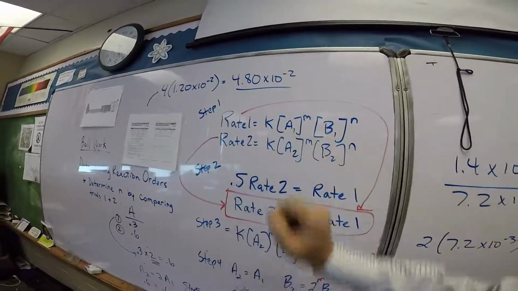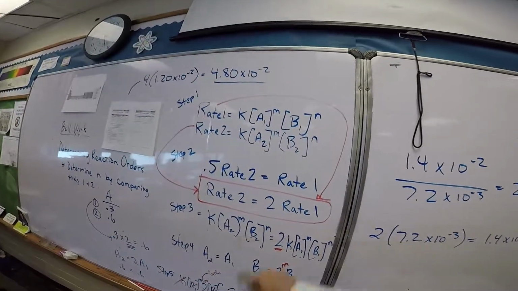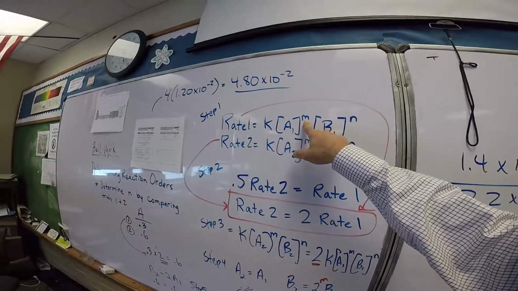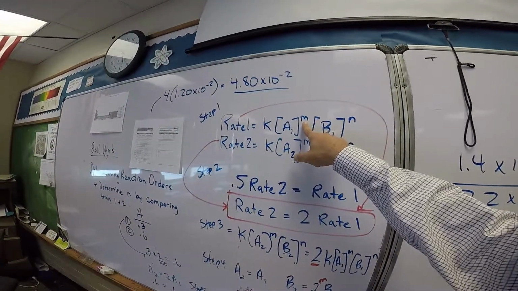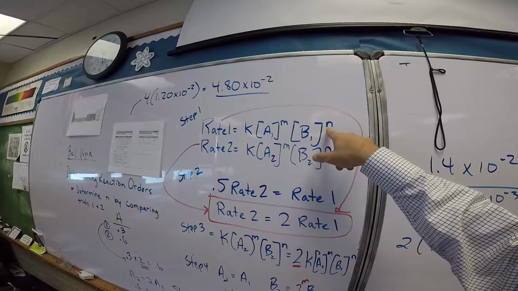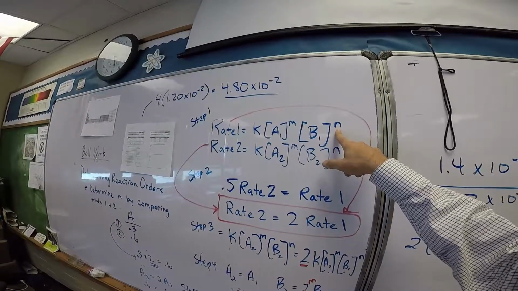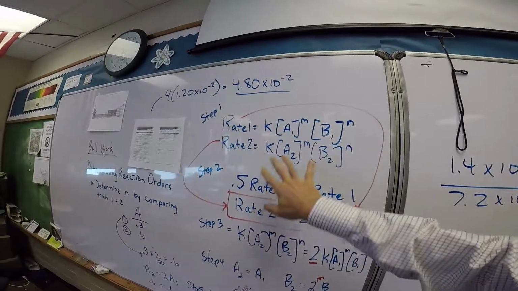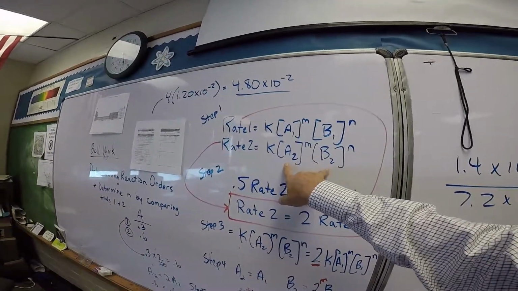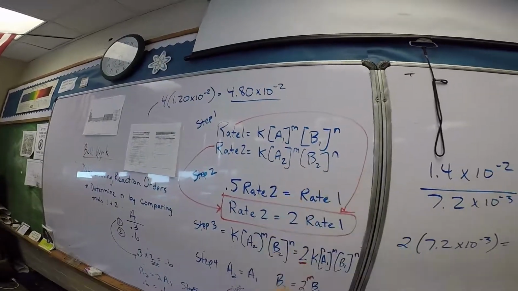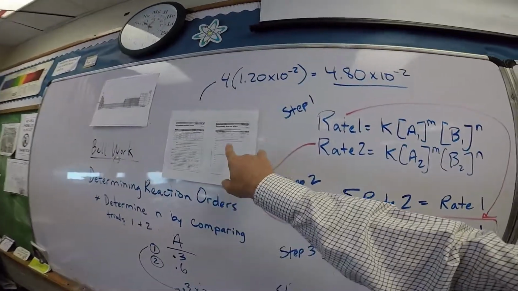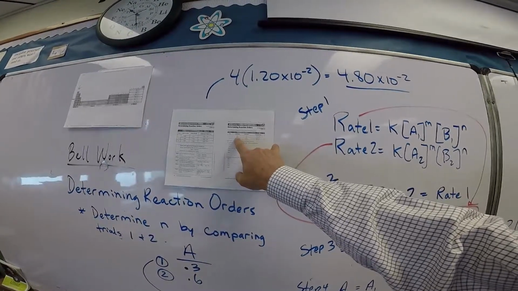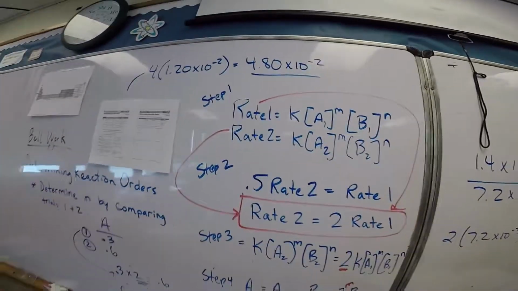K is the rate constant, A is the concentration, M is the order, and N is the order. That's what comes from the book. We write that down for both, and the pattern is repeated for the second rate because you change the concentration in trial 1 and trial 2.